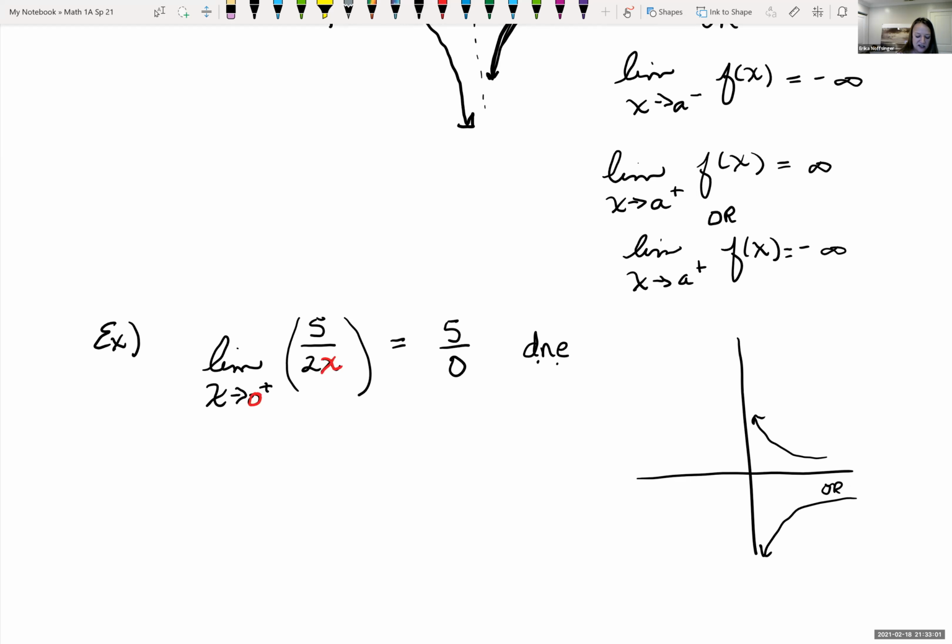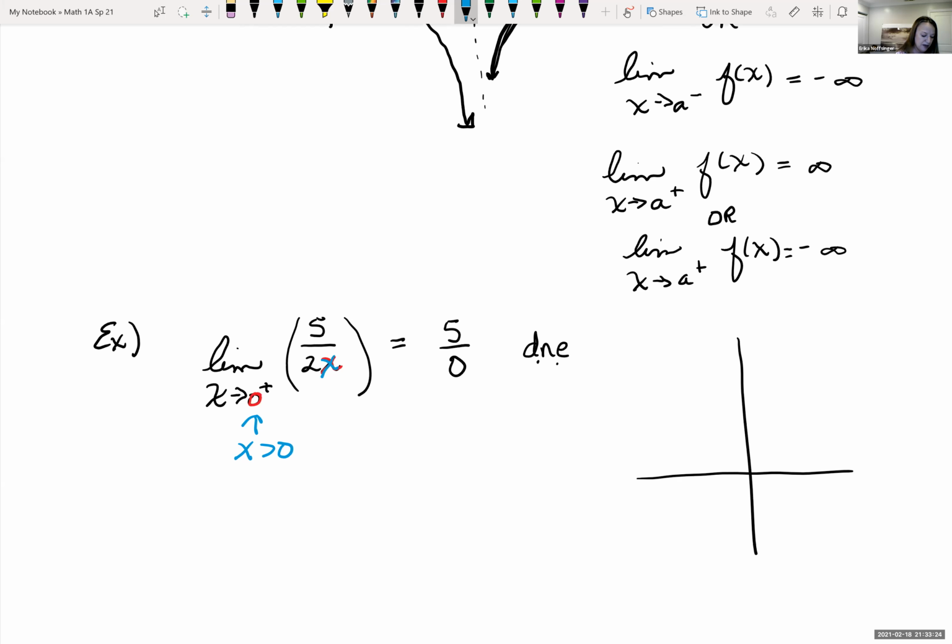This is where you just think about logic. If I plug in a number on the right-hand side of 0, those values of x are going to be positive. So my x values are greater than 0 when I plug them in here.